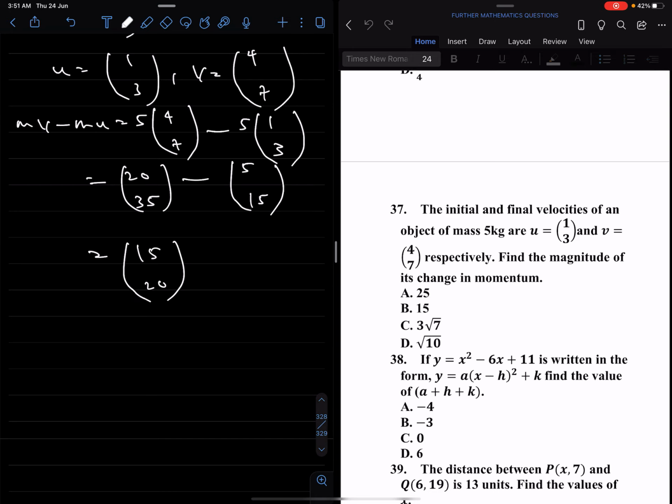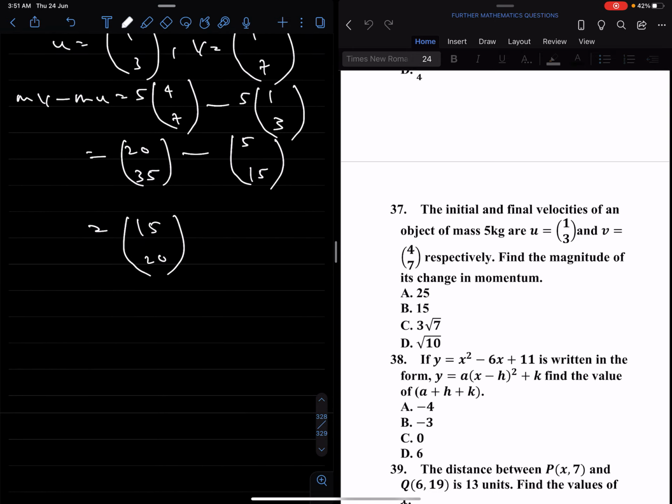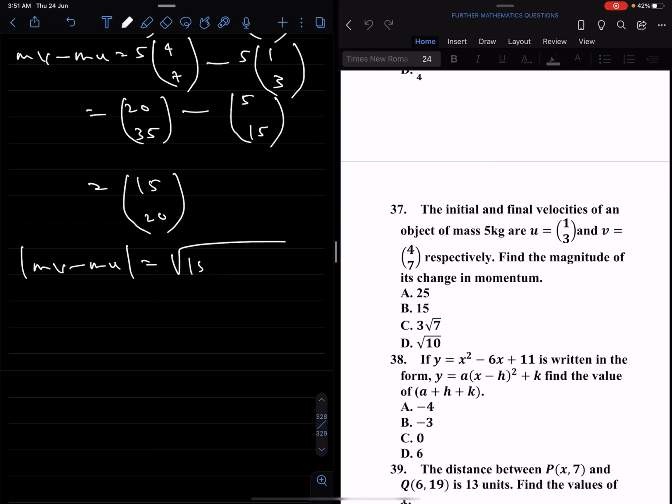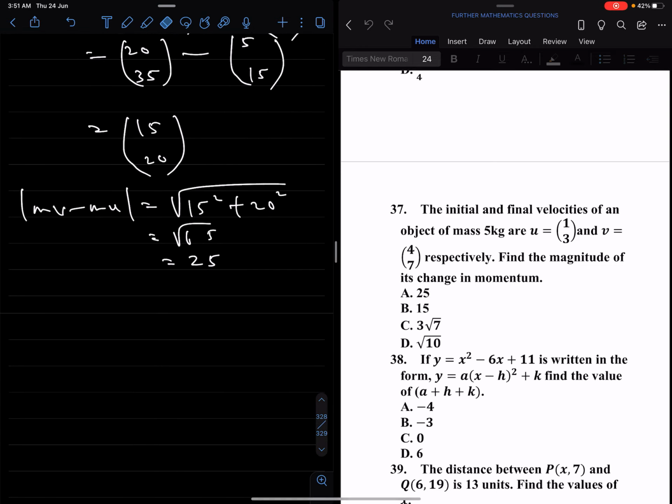We are writing the momentum as a column vector, and its magnitude will now be the square root of 15 squared plus 20 squared, and that's the square root of 625, which is simply 25.